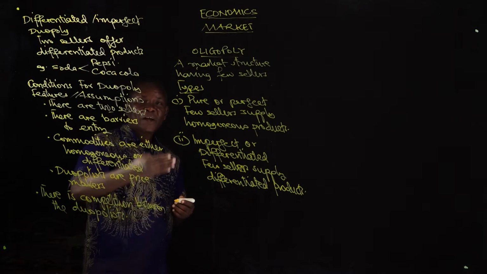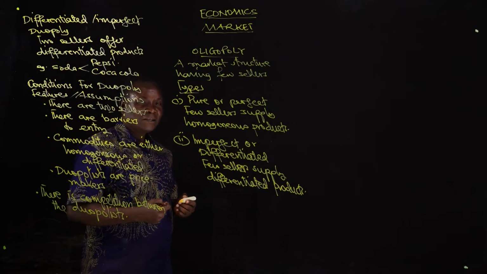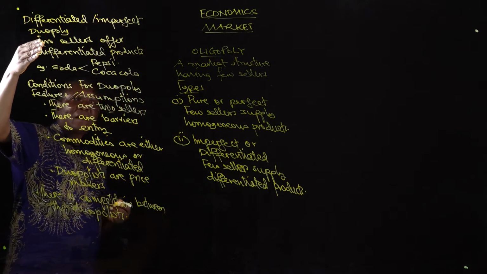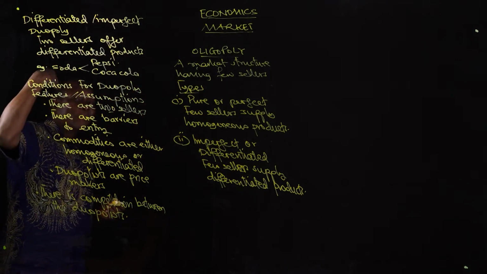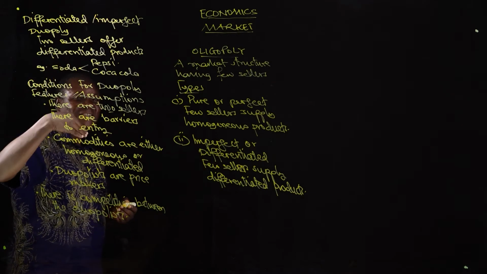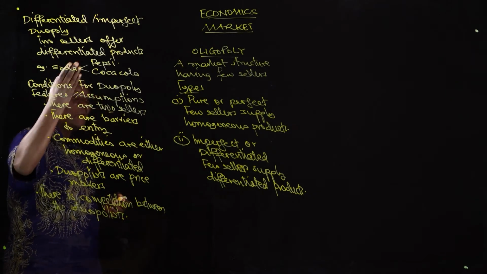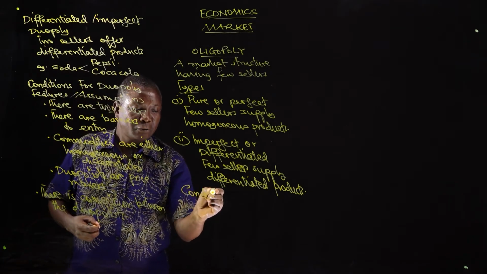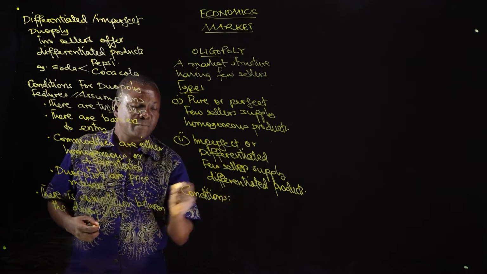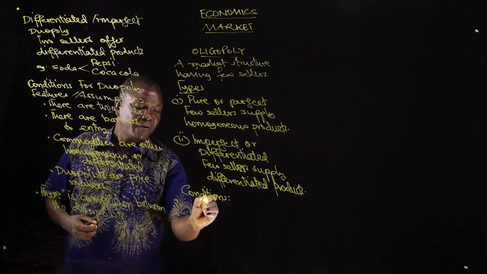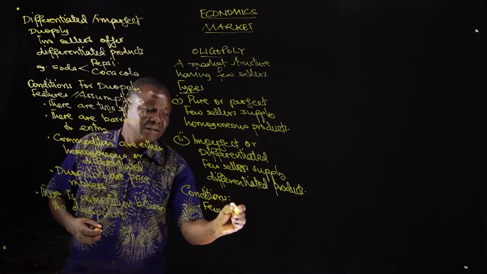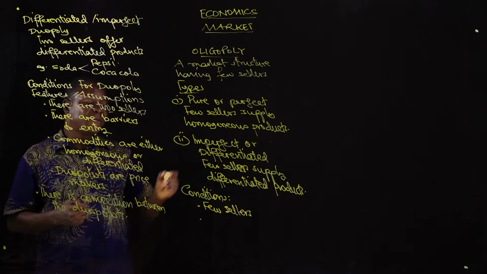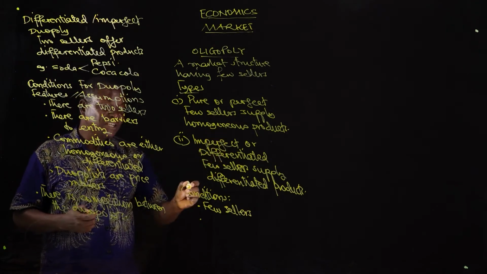Well, now the conditions seem to be the same as the conditions for duopoly. Only the question is the number of sellers. Where we have two, we say few. So, conditions. One, we have few sellers. Two, commodities will either be differentiated or homogeneous.